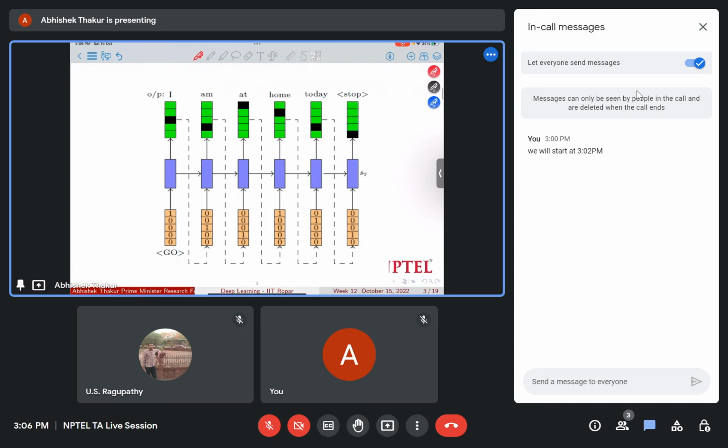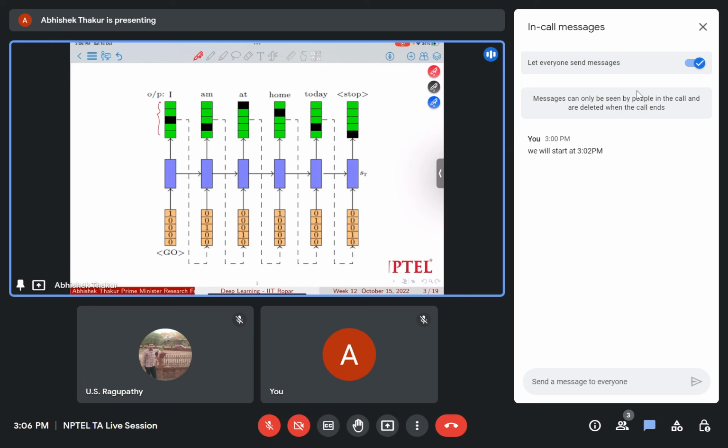The predicted word is a probability distribution, and the maximum probability among all the words will be taken as the output, as you can see in this diagram.